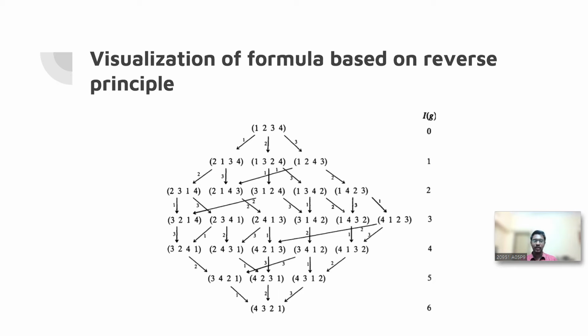As we can see, we have a set which consists of four elements: one, two, three, and four. So how exactly does it work? Since there are four elements, we split it into three further sets by replacing the values.